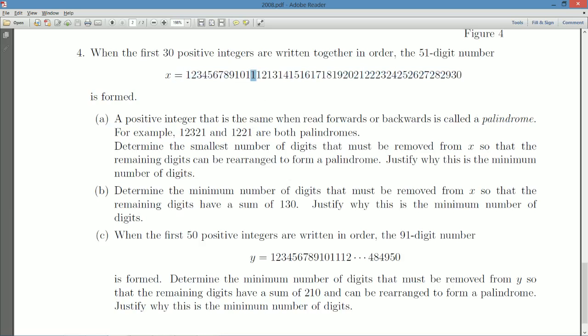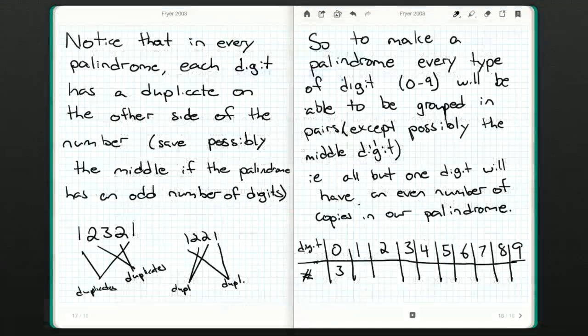And then, for the teens, each teen starts with a number 1. 10, 11, 12, 13, 14, 15, these all start with the number 1. So there's going to be 10 more copies of 1 there. So that's going to give us 13 ones.